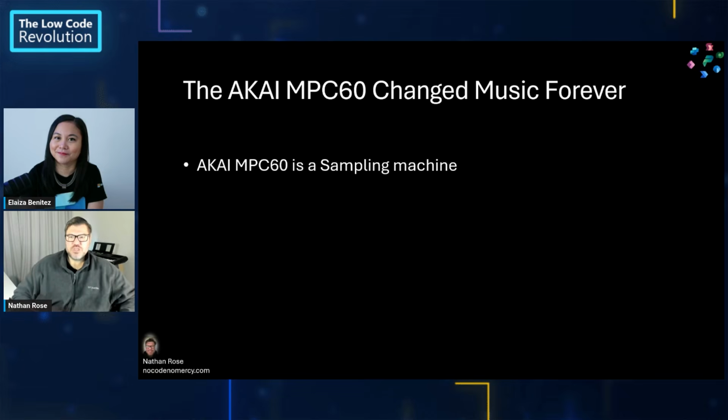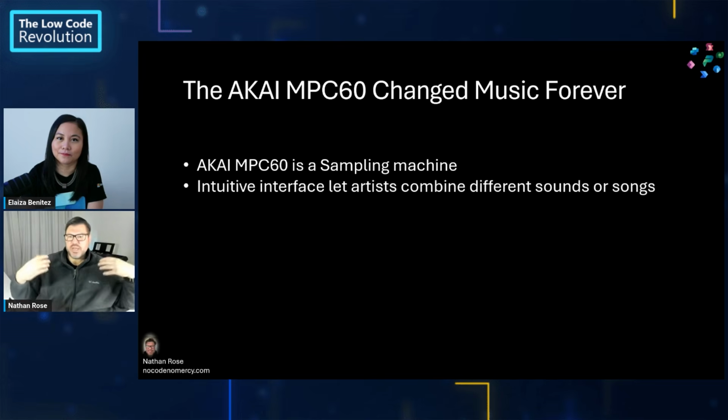Prior to this machine being invented, anytime an artist wanted to use a sample from another song or a different audio track in their music, they had to go and get a sound engineer and a mixing panel, and it was a complicated, expensive process. But when the sampling machine was invented, it combined a relatively low cost with an intuitive interface that allowed artists to easily take samples into their songs.